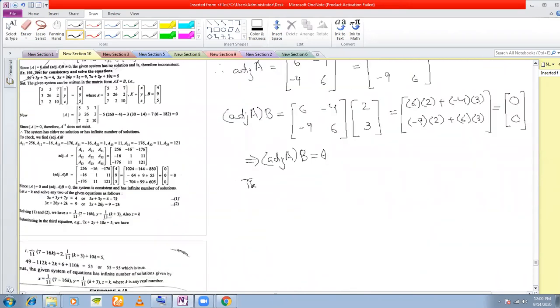Thus, the system of equations given by 1 and 2 has infinite solutions.